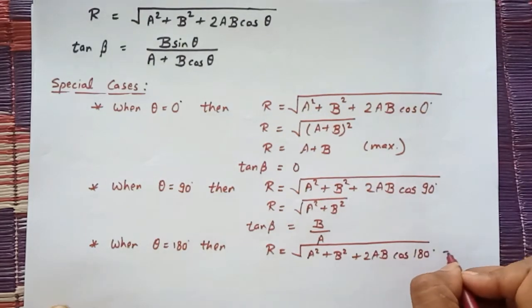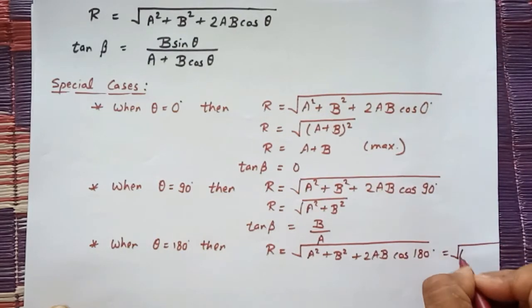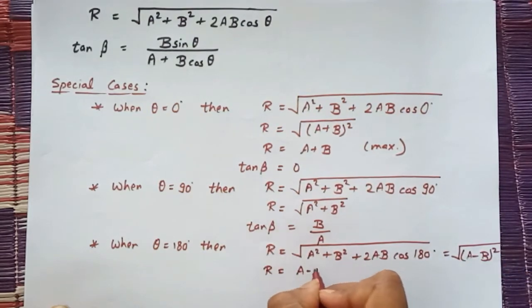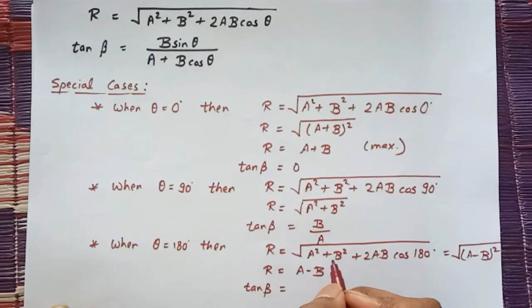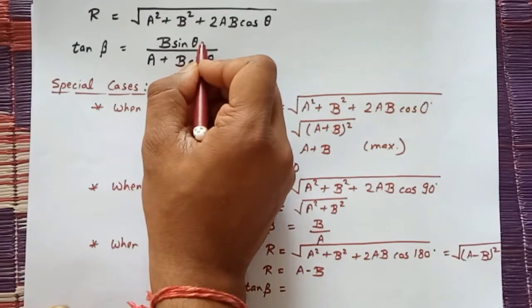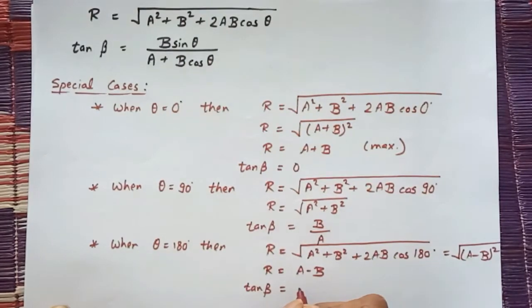Minus 1. So I can write it as square root of A minus B whole square, or I can write R is equal to A minus B. Similarly, what will be tan beta? Since at theta 180, sin 180 is also 0, tan beta will be again 0.